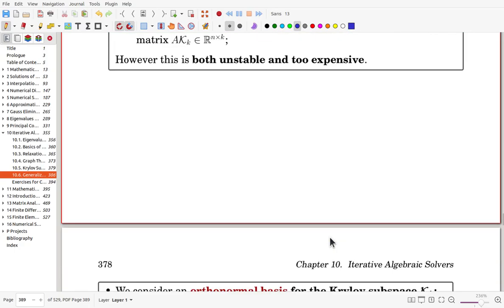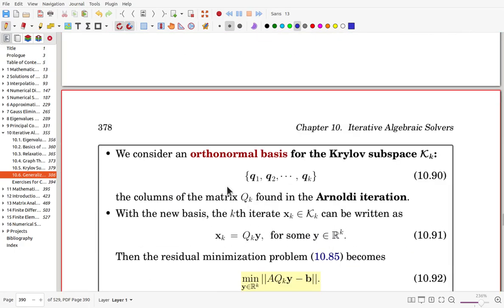So now we try to choose an orthogonal basis Q1 to Qk for the Krylov subspace. These vectors can be found in the Arnoldi iteration. This collection is Qk.